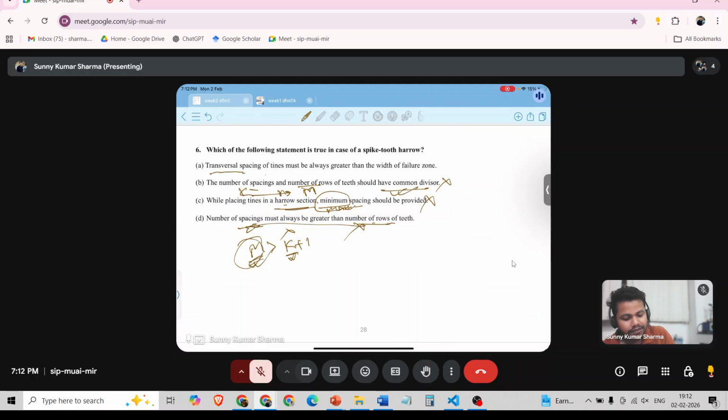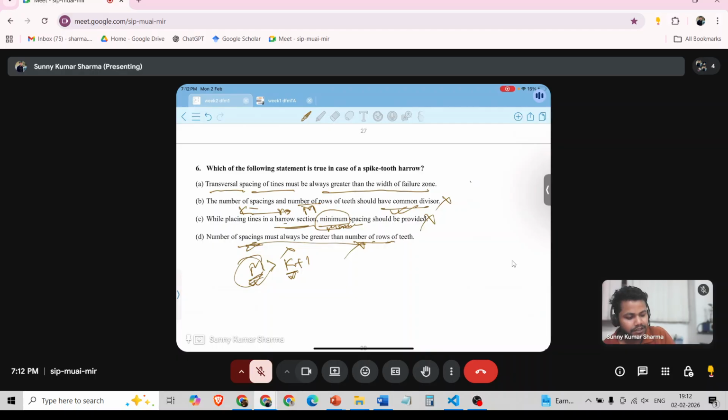And what is this statement? Transversal spacing of tine must always be greater than width of failure zone. Transversal spacing means this is the transversal spacing between two tines. This was the working zone of one tine. So this spacing should be greater than the working zone of one tine, else there will be no meaning.